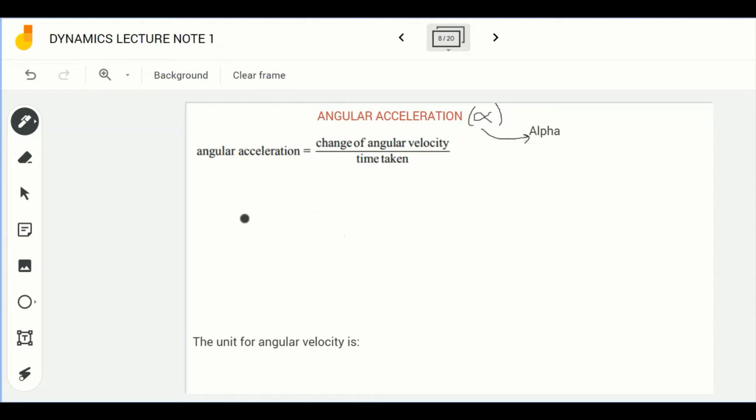So it means that angular acceleration is equal to omega 2 minus omega 1 over t. Now, omega 2, omega 1, and t.